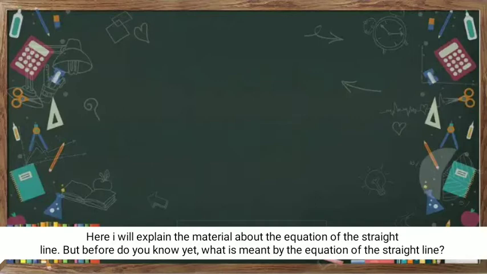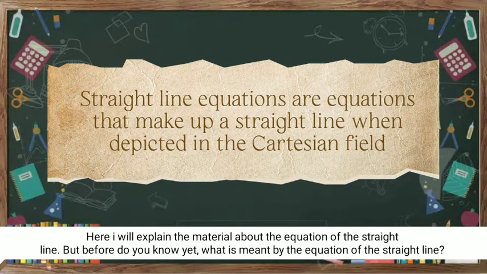But before that, do you know yet what is meant by the equation of the straight line? Straight line equations are equations that make up a straight line when depicted in the Cartesian plane.